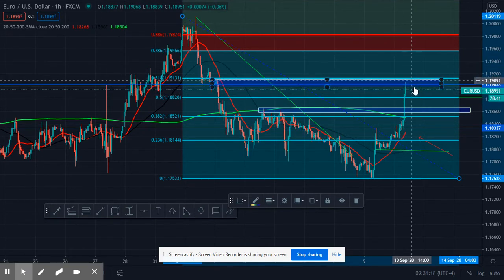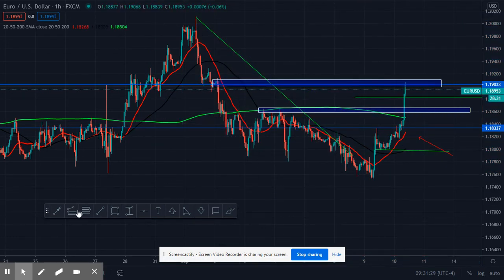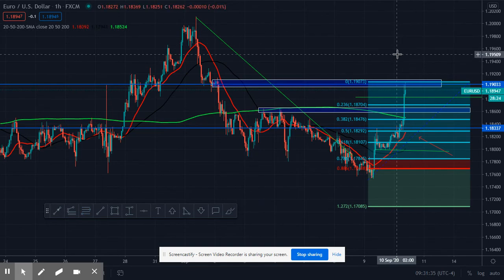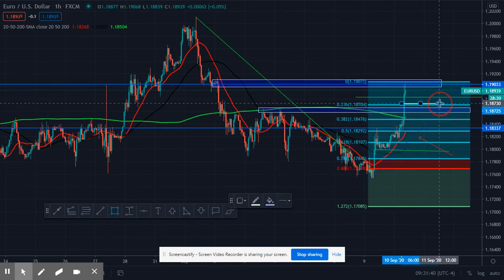So we could see price come back down and retest this zone. So that's something to keep in mind. This will be the area I'm looking for price to cross back over before I would think about even shorting it.